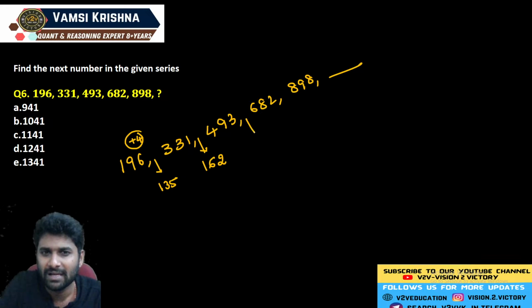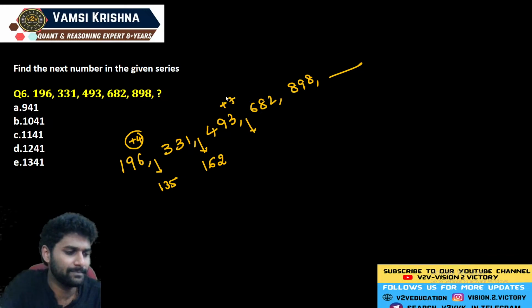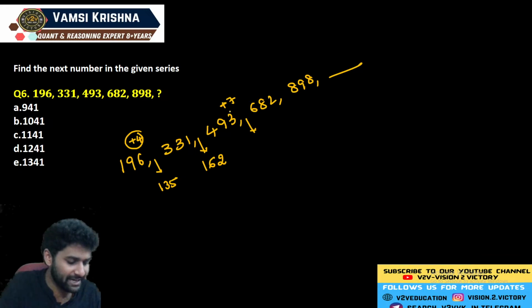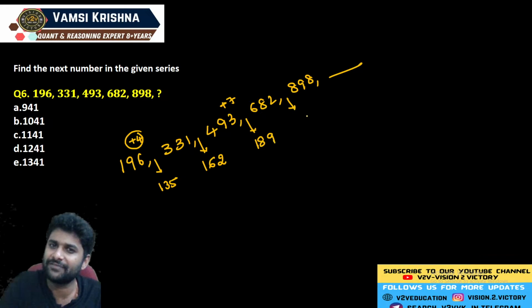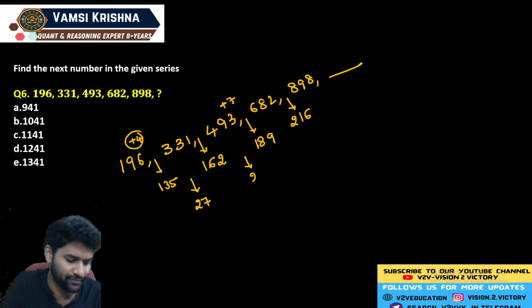The difference is 162. Next, if you add plus 7, it becomes 500, 182 extra. 182 plus 7 is equal to 189. Next difference, 216. Still, we are unable to find what kind of series it is. Again, find the double difference. It's a difference of 27 units, again a difference of 27 units.